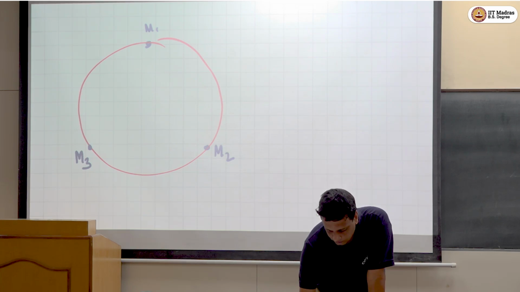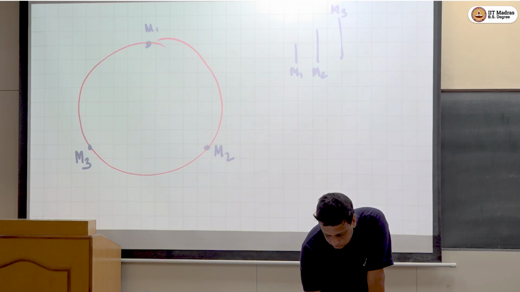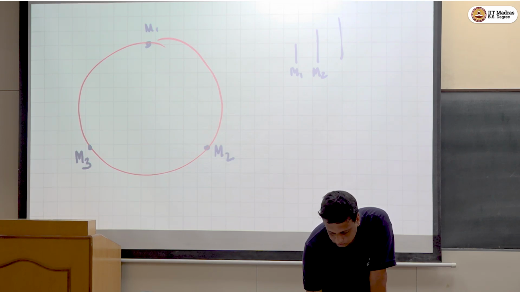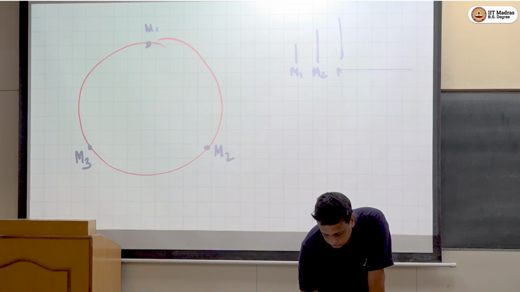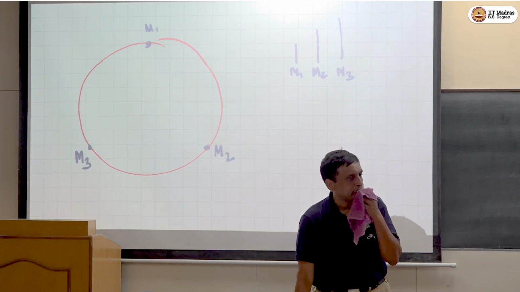It could be looking like this: M1 is smaller than M2 is smaller than M3.